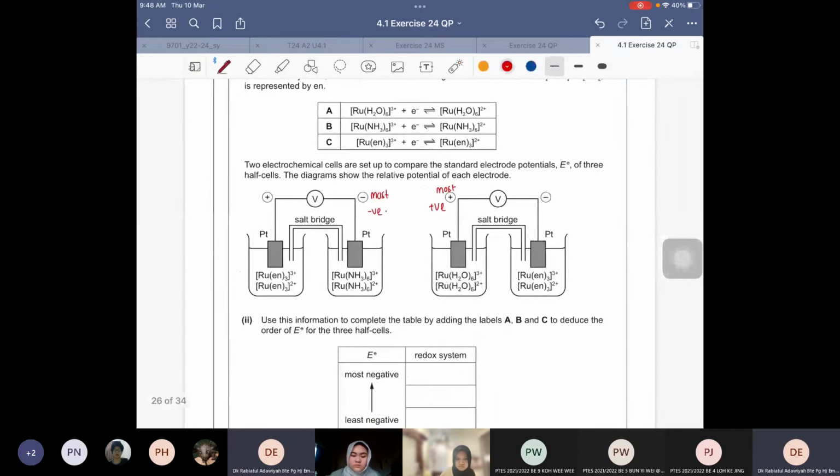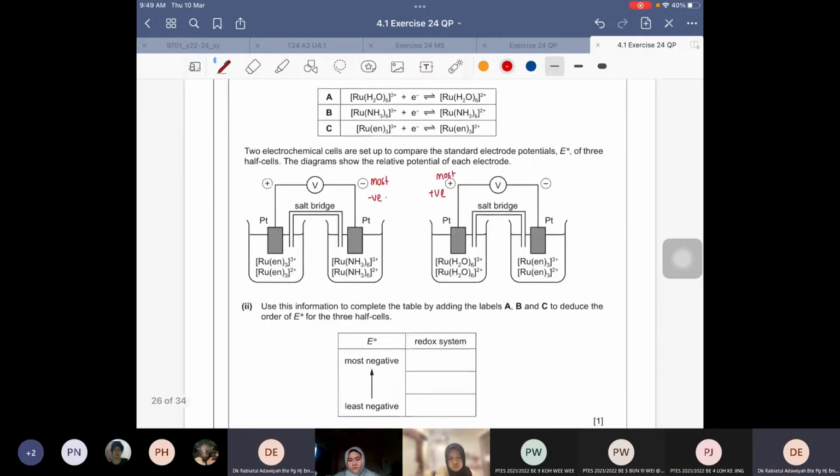So the arrangement is, most negative... The redox system, how do they want you to write it down? Let me just see. Question 29. Oh, my numbering is wrong. Here it's question 29.